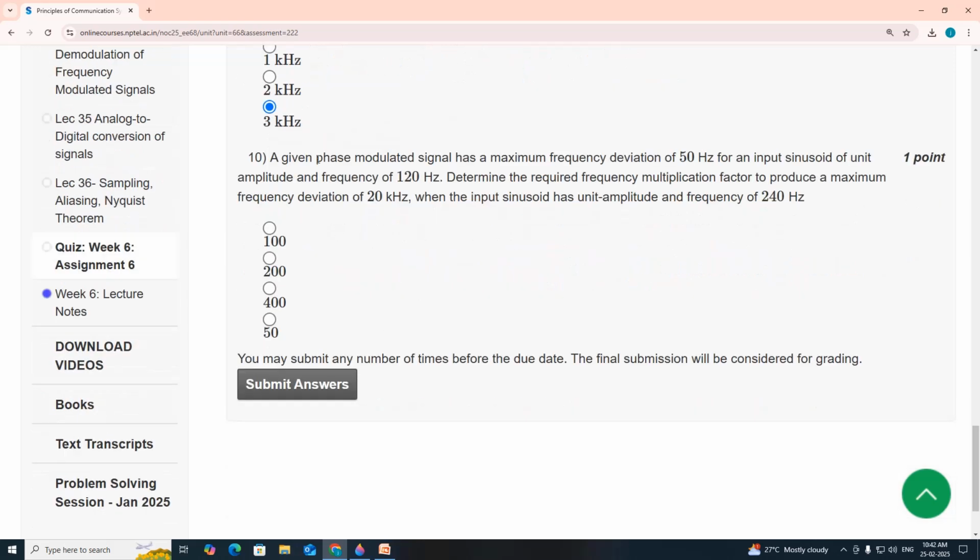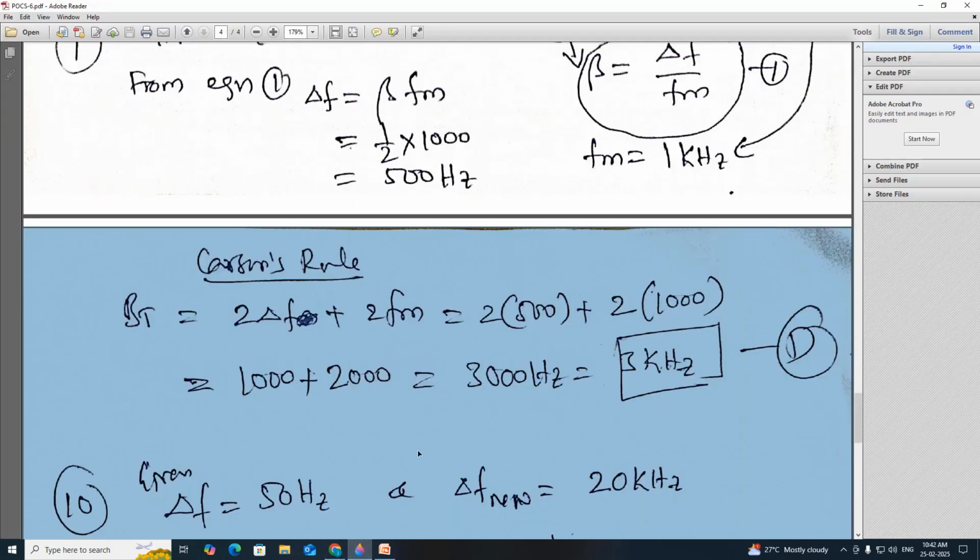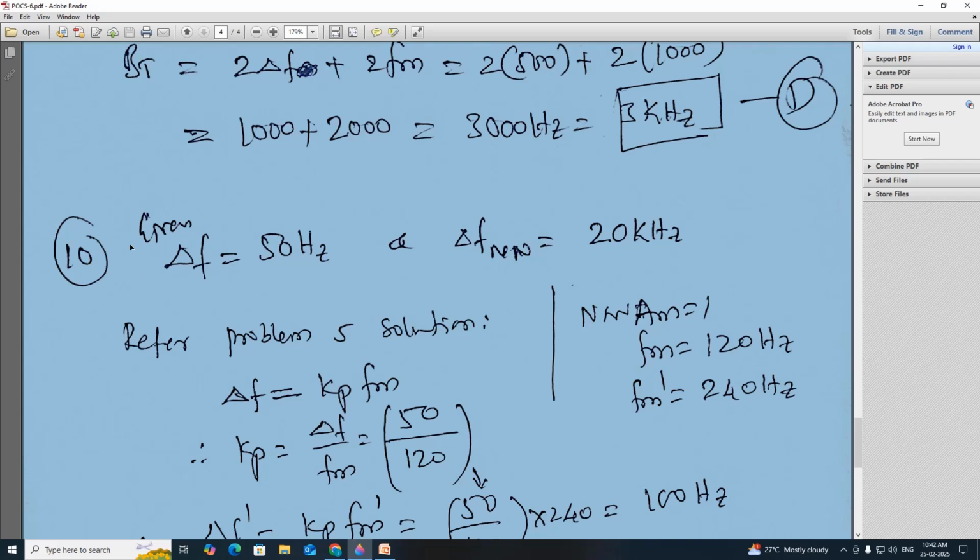Last one, again a phase modulated signal, a similar one. Initially 50 hertz, for 120 hertz, and 20k is the required frequency deviation, and for the frequency 240. We have solved this already in the fifth one: given delta f equal to 50 hertz, and delta f new is 20 kilohertz.